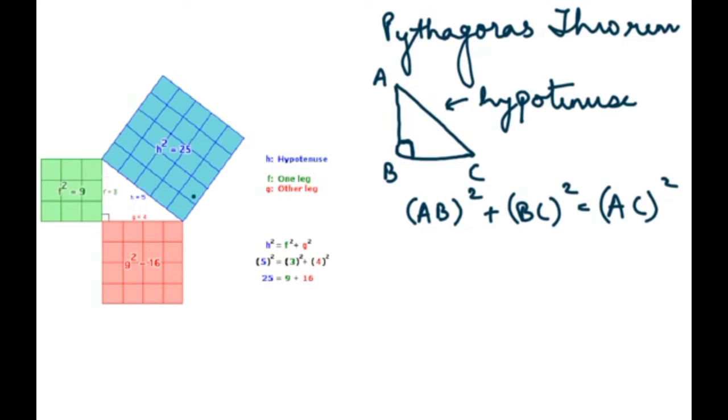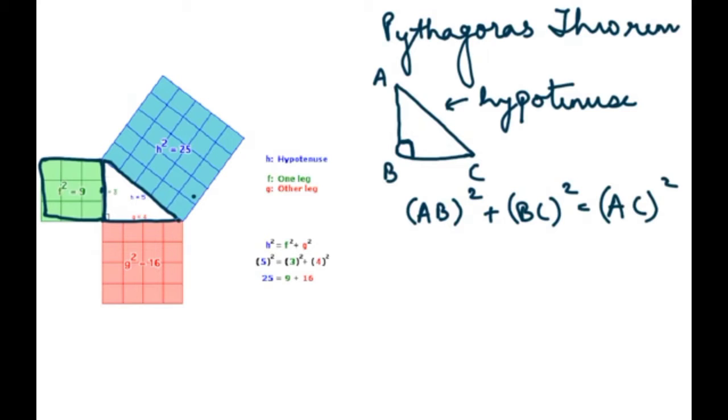See, if there is a triangle with sides 3, 4 and hypotenuse 5, you see that we have drawn squares. This is a square of side 3. So as you can see, its area is going to be 9 blocks. You see, there are 9 blocks in this square. This square has 16 blocks, which is square of 4, side 4.